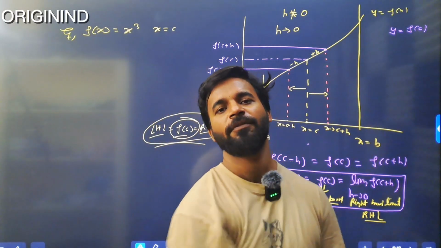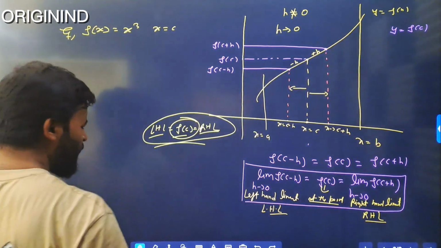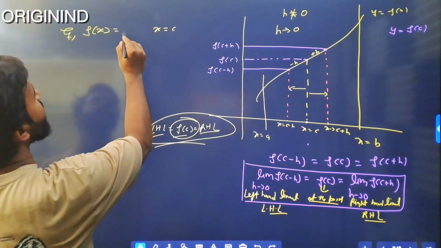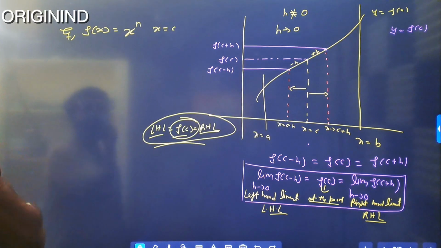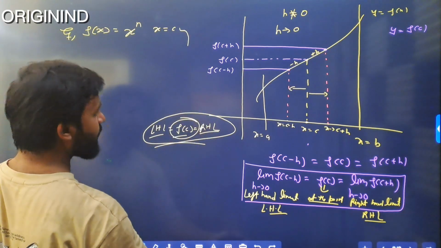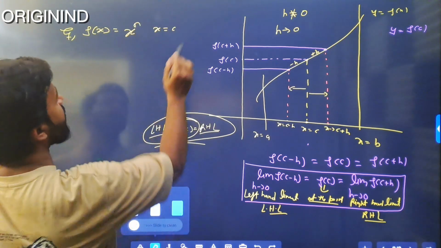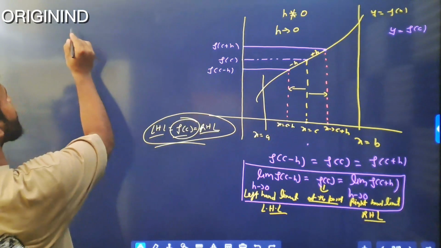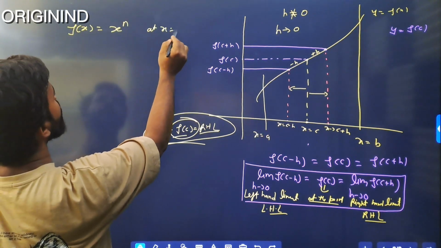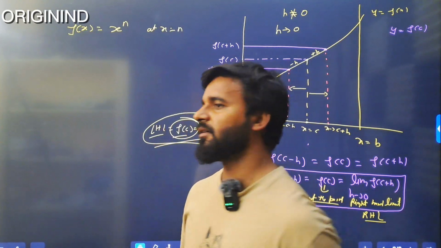Very cheap example. You may ask, sir, why are you taking x cube? Simply take x to the power n. And why are you taking x equal to c? So a simple example: f of x is equal to x to the power n at x is equal to n. This is an NCERT problem.